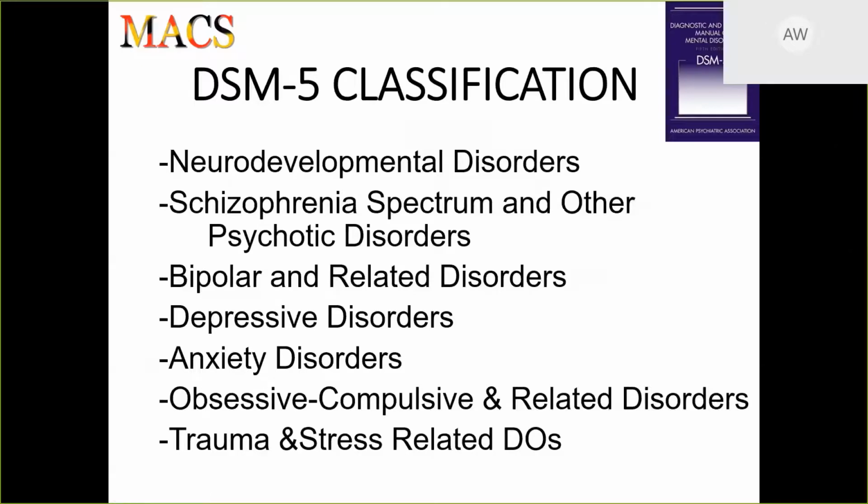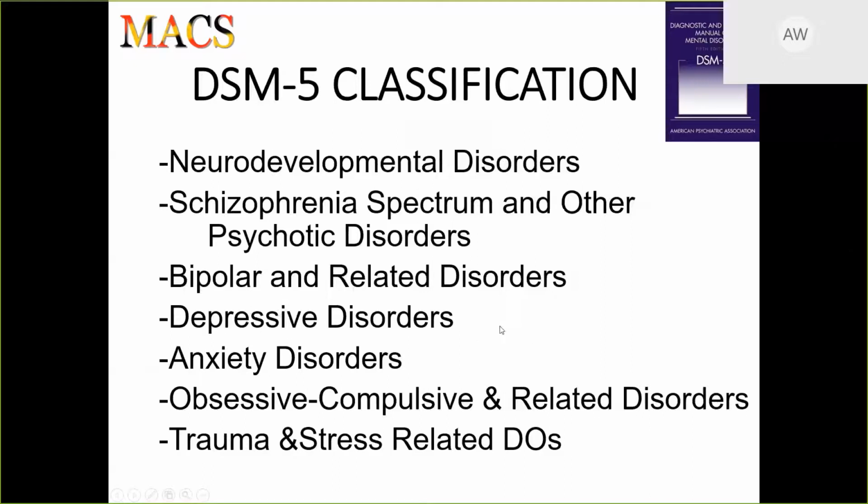I don't know how many of the people on are more from primary care and addiction side. So just to make sure everyone recognizes what's new with the DSM-5, because a lot of changes were made. Here are some of the different classifications. I'll just highlight, it used to be mood disorders included depression and bipolar.